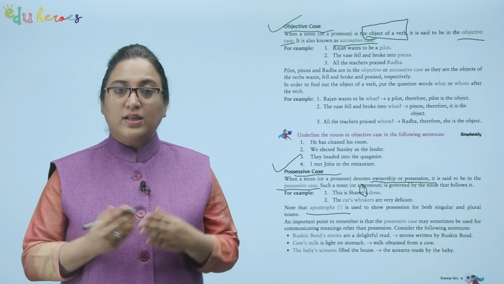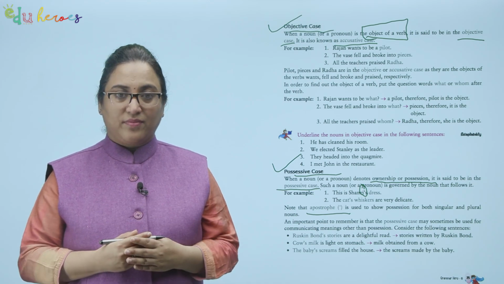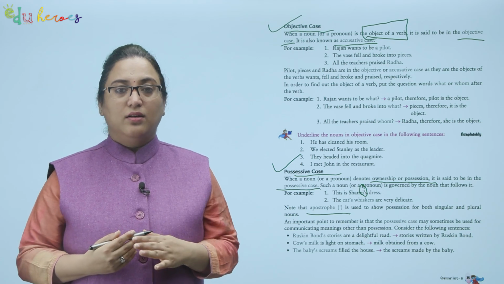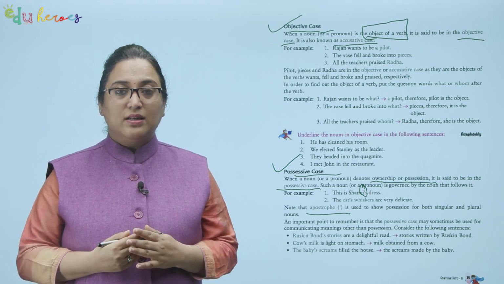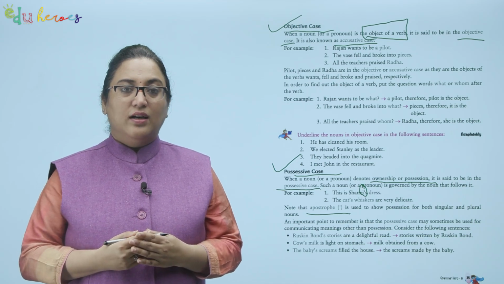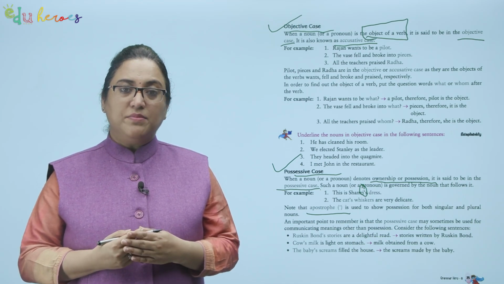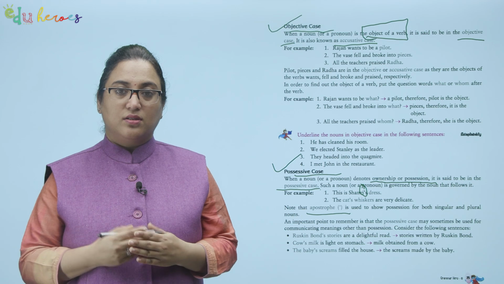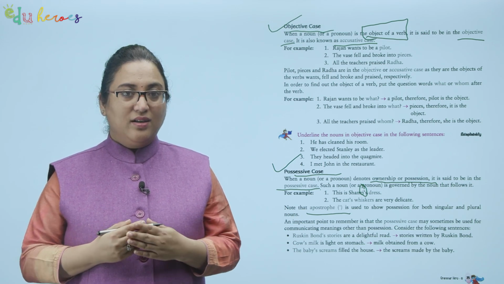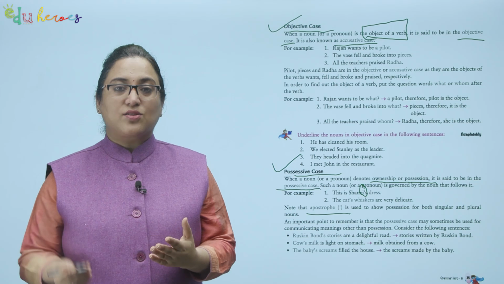Whose stories? Ruskin Bond stories. Cow's milk is light on stomach. So, cow's milk here means milk obtained from a cow. The baby's screams filled the house. The screams made by the baby are the baby's screams.